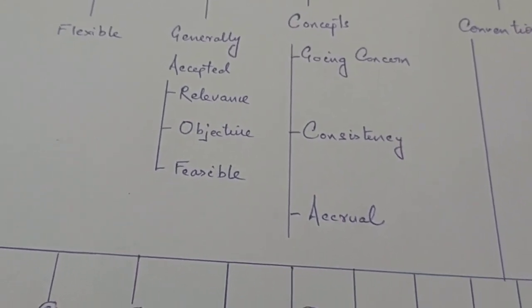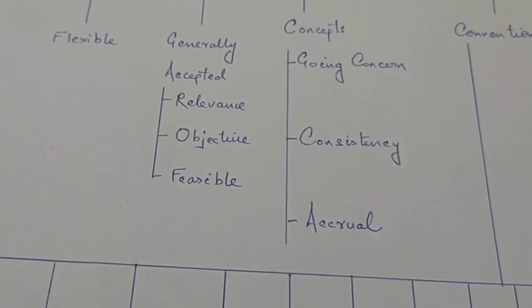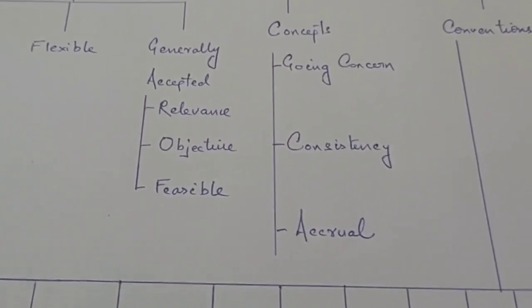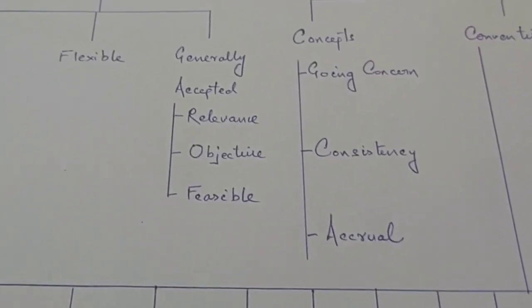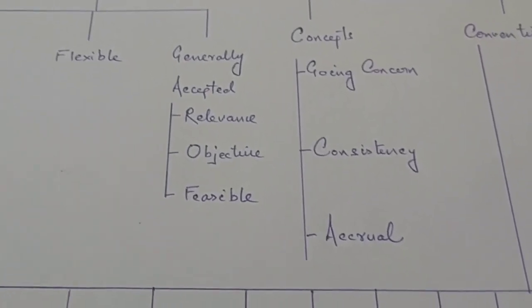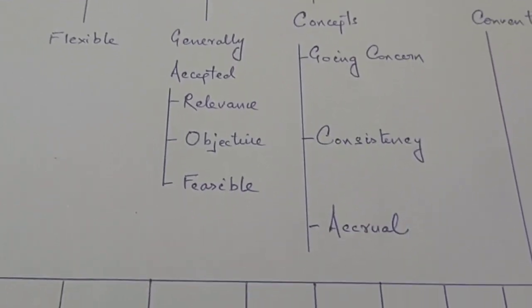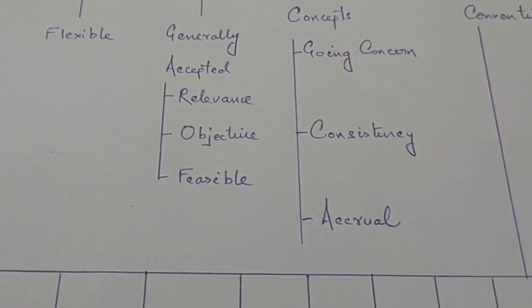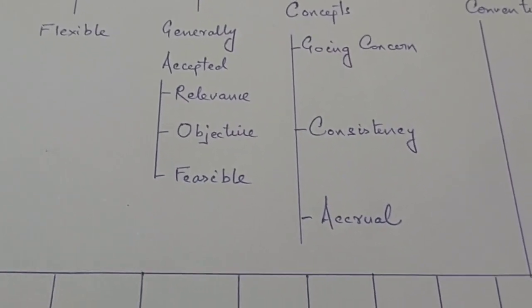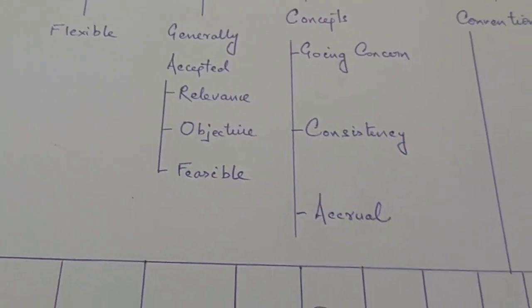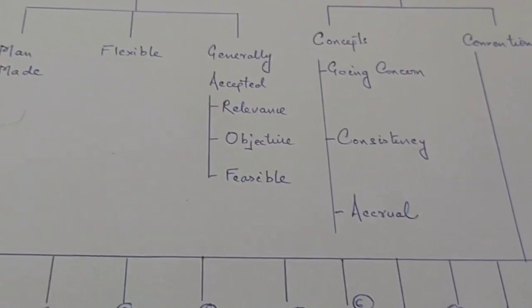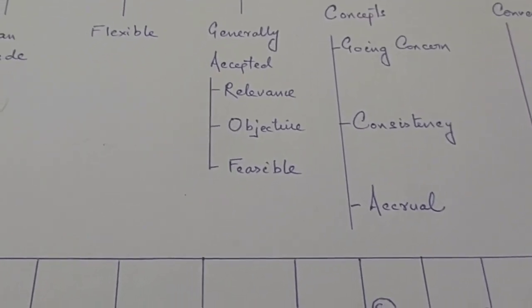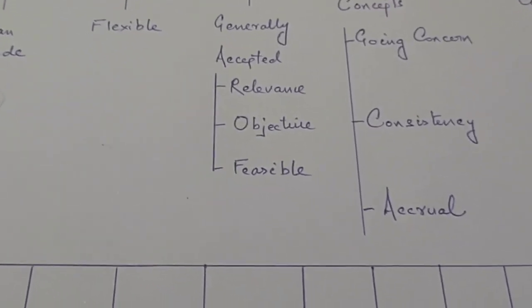If a particular expenditure is made in a particular year and the full amount is not yet paid, the unpaid amount of that particular year should be taken as an expense. Similarly, any unreceived income should be taken as an income for that particular year. Because if we do not record such unpaid expenses and accrued incomes, the true profit or loss can never be calculated.